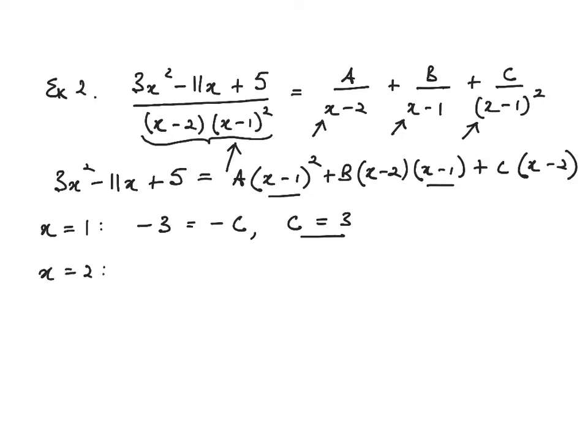x equals 2, so 3 times 4 is 12. 12 plus 5 is 17. 17 take away 22 is minus 5.